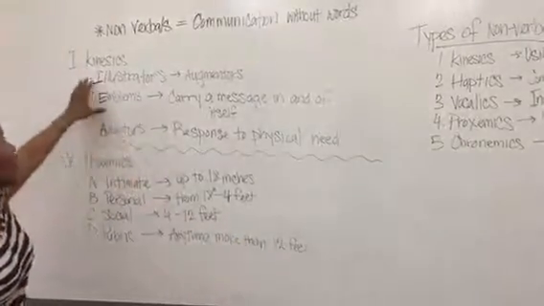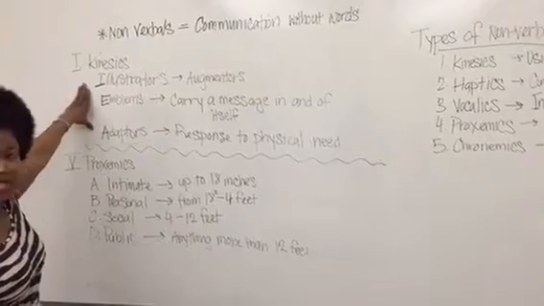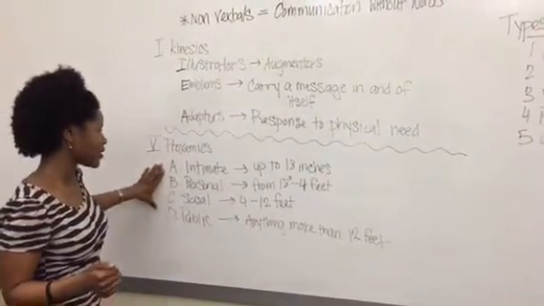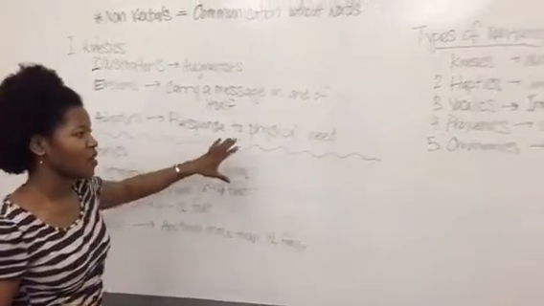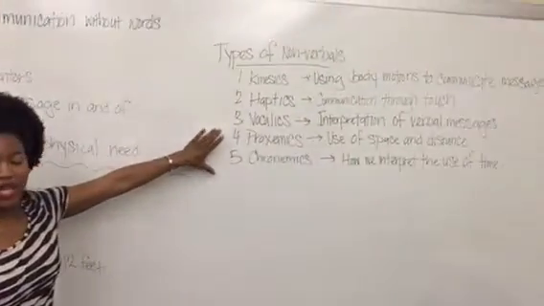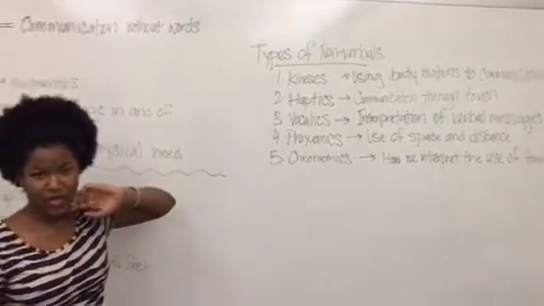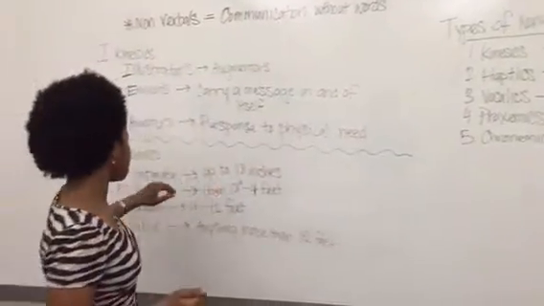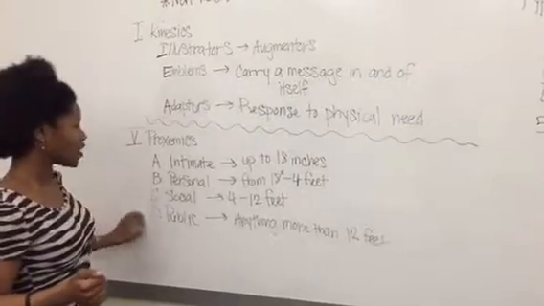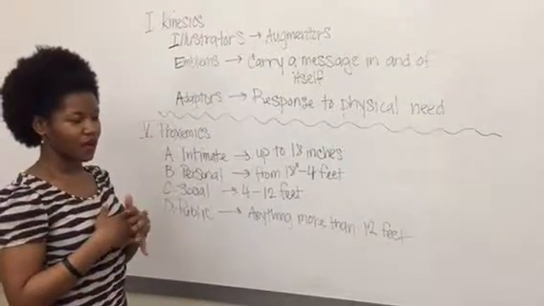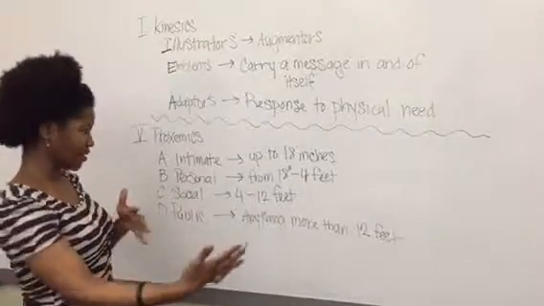So all 3 of those are kinesic types of communication, okay? Proxemics, if you remember, is communicating through the use of space. Proxemics happen to be my favorite, okay? There are 4 different ranges of proxemic distances, okay?